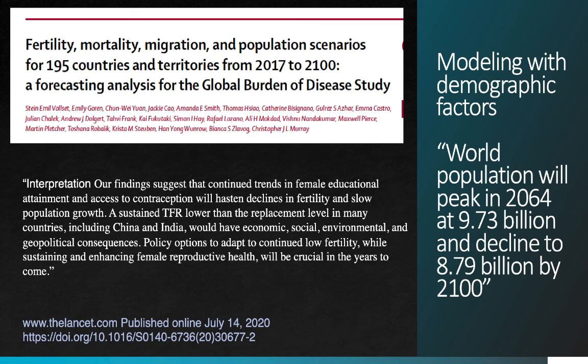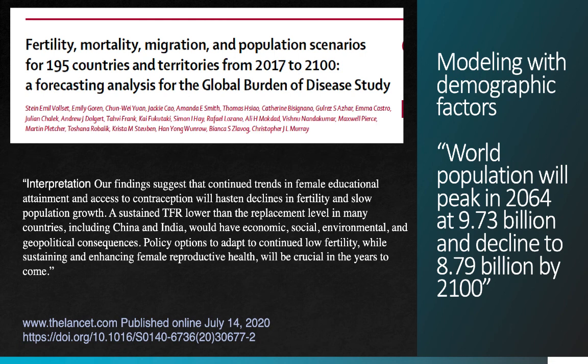And I copied the interpretation of the authors here because it's so interesting and relevant to what we've been discussing in these videos. You can read the statement yourself, but the key argument is that falling total fertility rates will result in population declines in many countries, and actually for the entire planet by the end of this century.